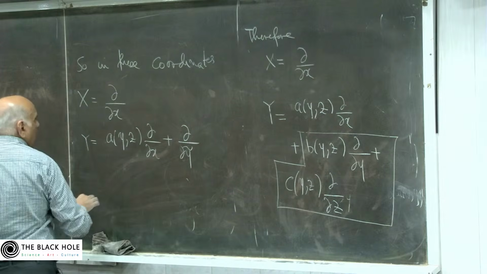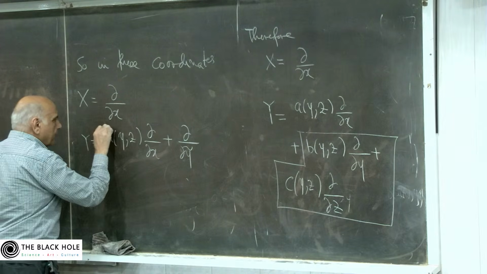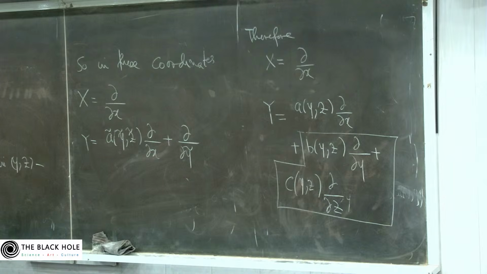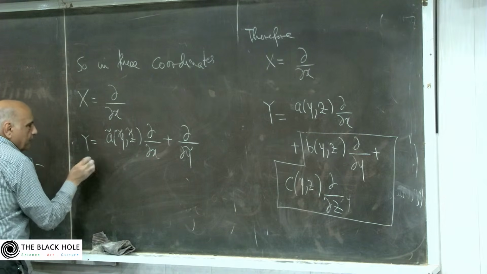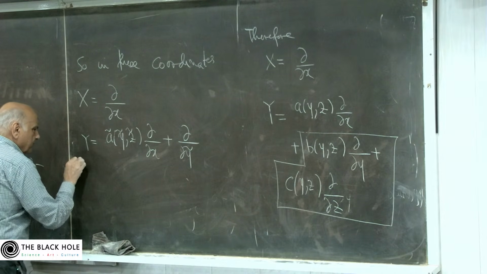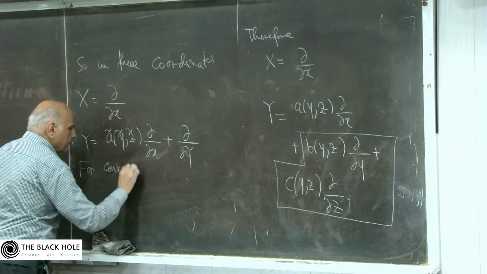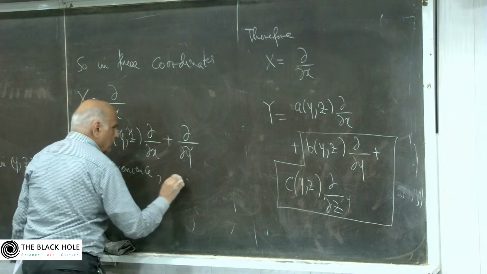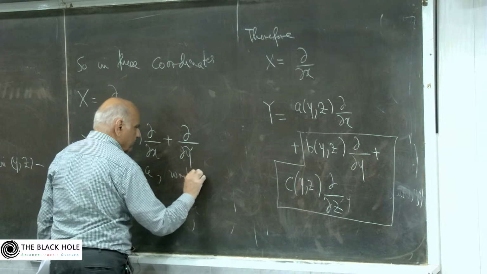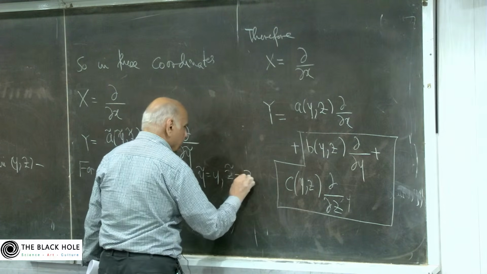Okay. So for convenience, let's write y tilde is equal to y, z tilde is equal to z.